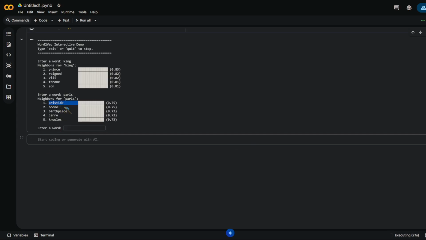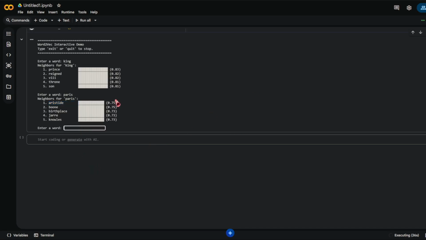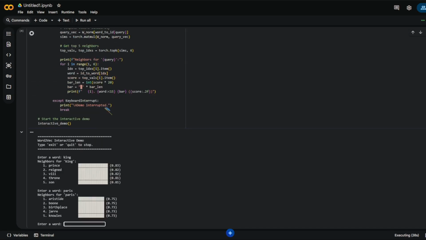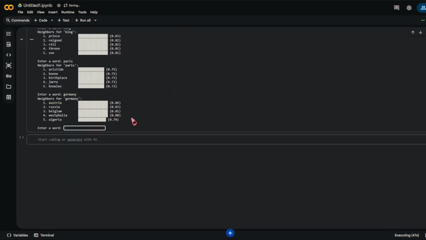Hopefully this is related to Paris. Something historical, I don't know. Let's do one last example. Germany. Okay, it picked up that it's a country and these are countries, which is pretty good. Not perfect. Let's stop it for now.